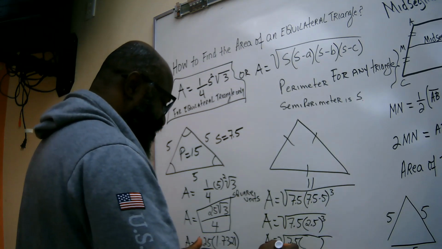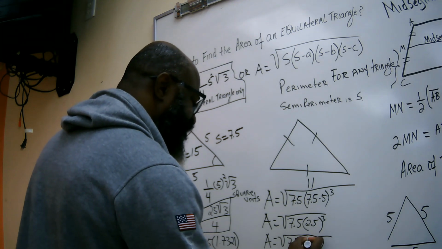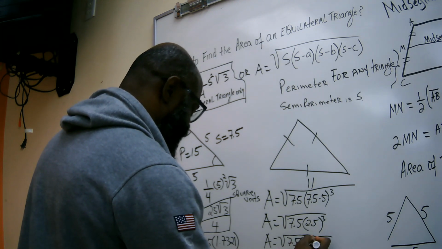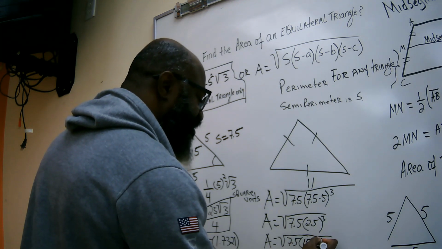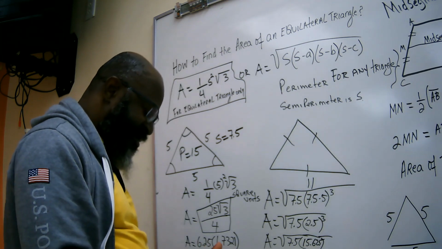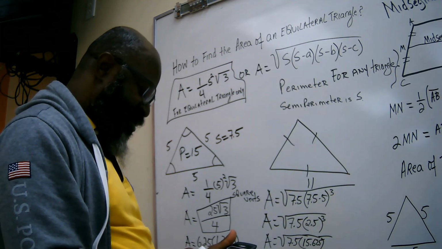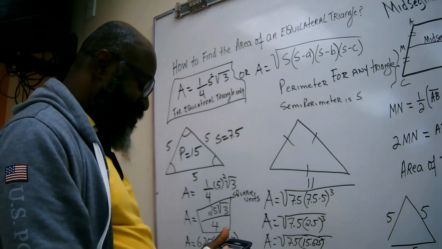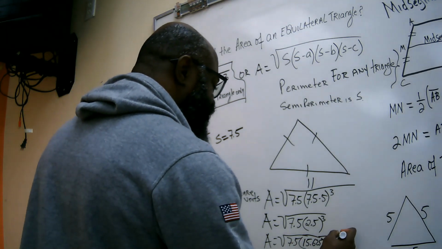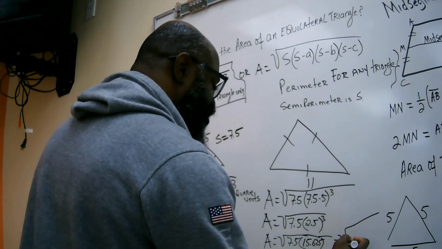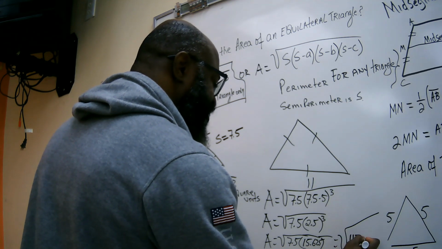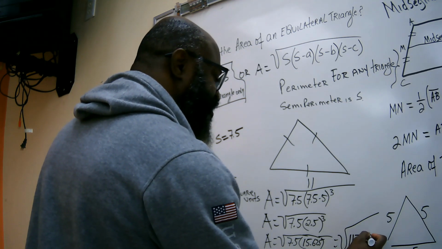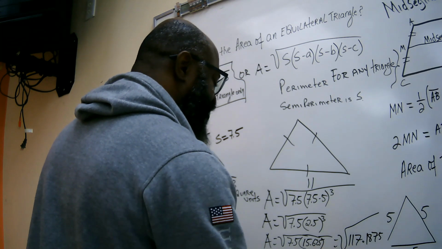We'll now take 2.5, raise it to the third power. This is 15.625. Then we're going to multiply that by 7.5. Then we take the square root of that. This will give you square root of 117.1875.